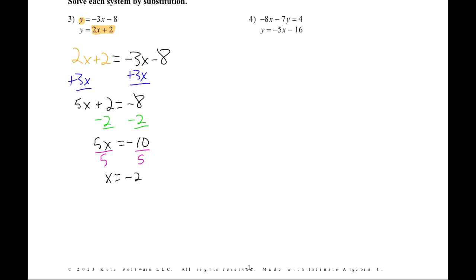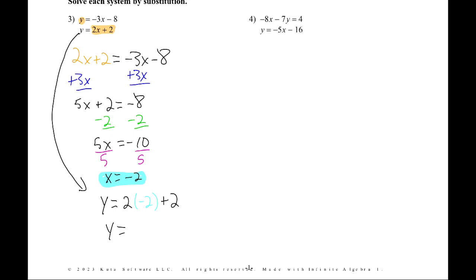Now I'm going to need to substitute my solution into one of my two original equations. Either one, it doesn't matter. I'll use this one. I'm going to make a note that my solution is in blue, so when I substitute it in, it'll be in blue. So we have y is equal to 2 times negative 2 plus 2.